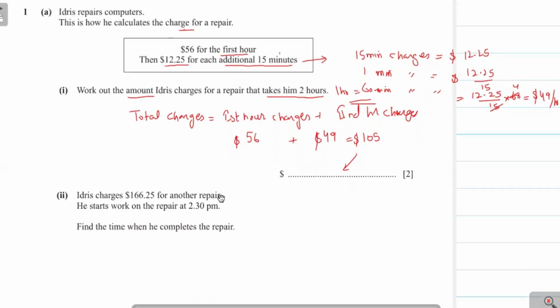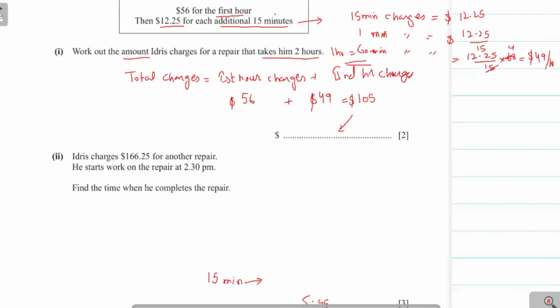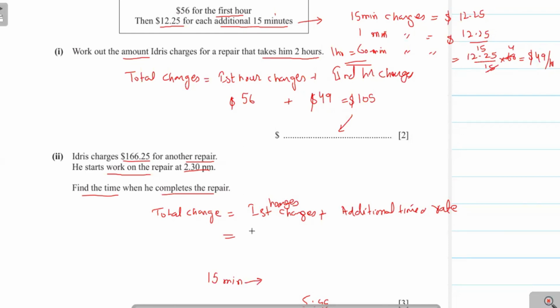Part second of part A. Idris charges $166.25 for another repair. He starts work on the repair at 2:30 p.m. Find the time when he completes the repair. Now you see here the total charges will be equal to first hour charges plus additional time multiplied by additional charge rate. Here the first hour is $56.